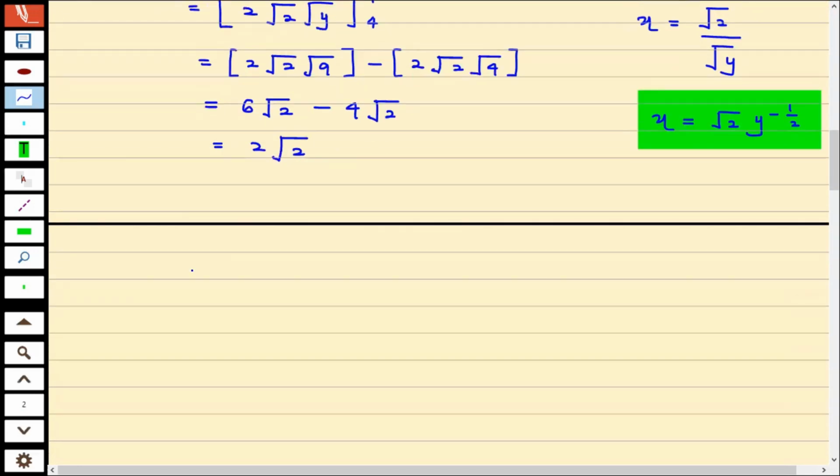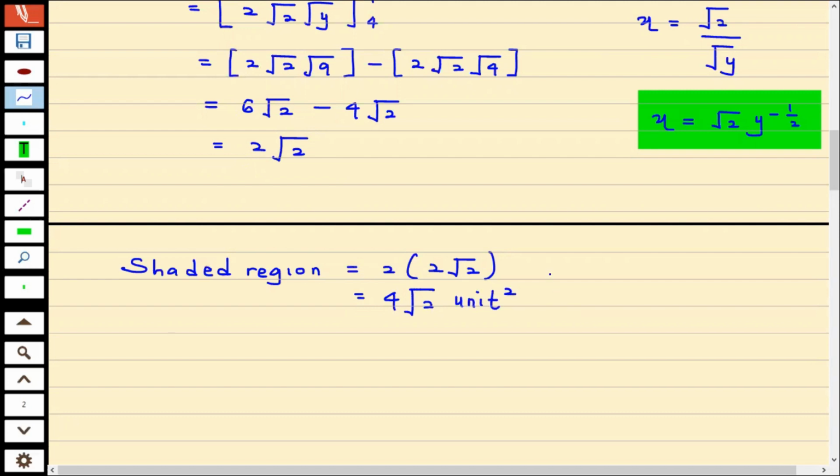Right. So your next step is you're going to give me the shaded region. Okay, shaded region, I told you right, it's a symmetry. You can just times by 2. The answer is 4 square root of 2 unit squared, or you can give me in decimal, class.